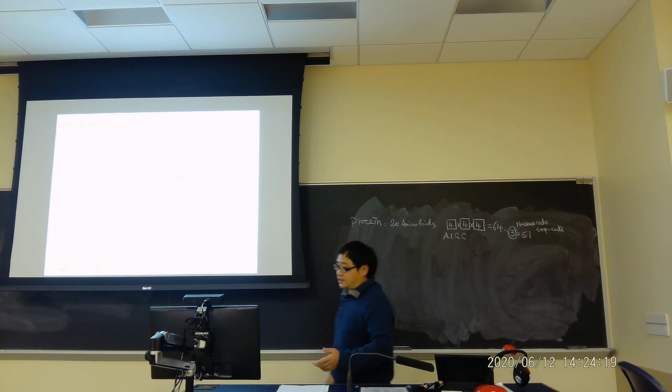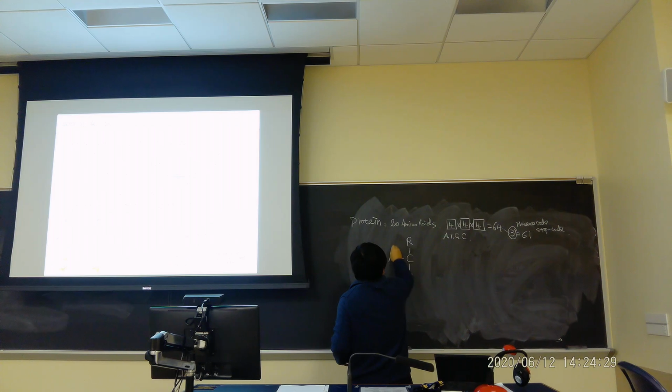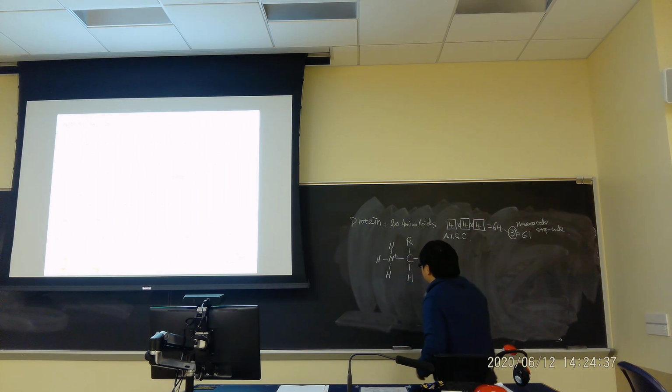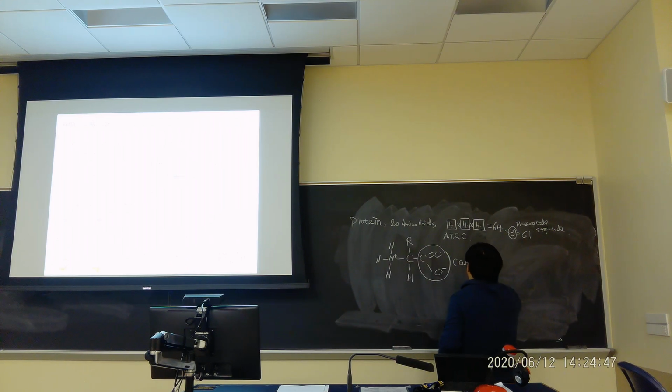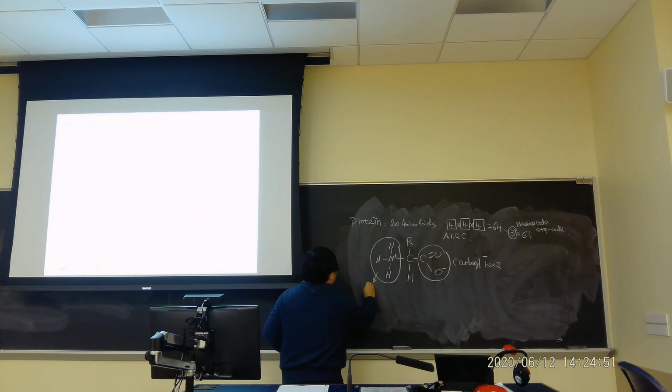So 20 amino acids. What do amino acids look like? What is this one? Carboxyl group. That's negatively charged. And this one? Amino group.